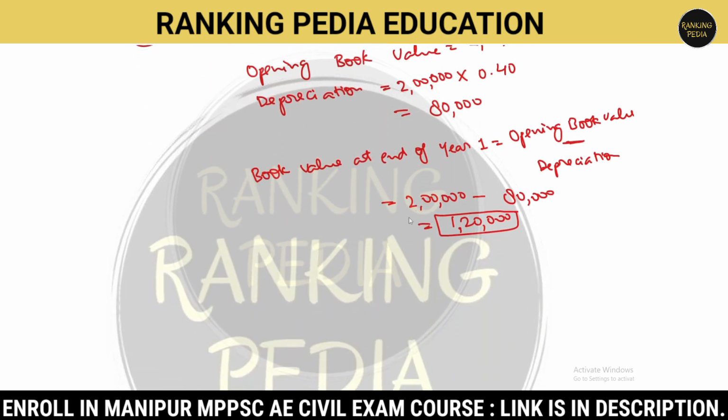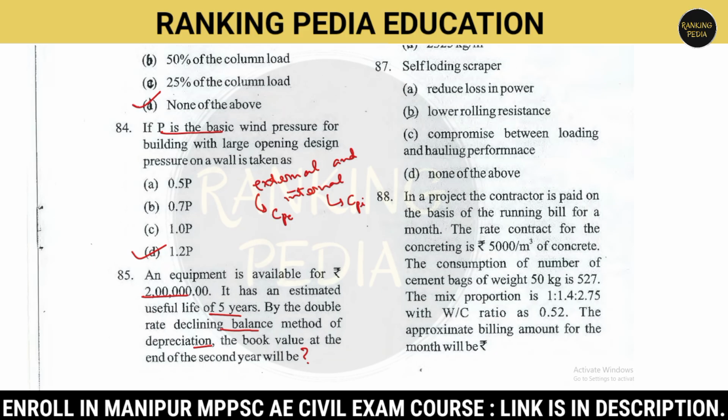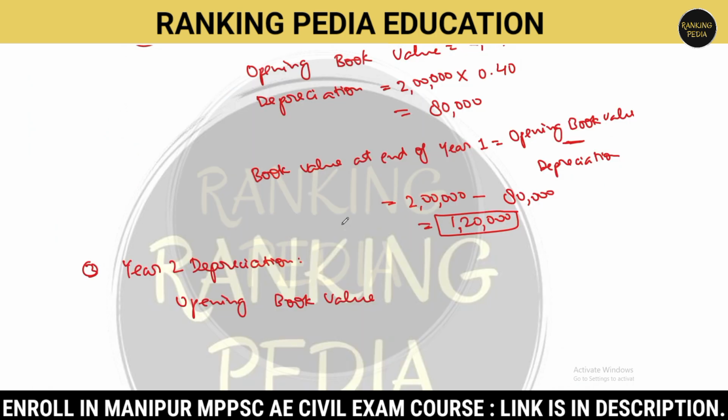Third, we will be finding the year 2 depreciation. For year 2 depreciation, your opening book value will be your book value at the end of the first year, which is 1 lakh 20,000.